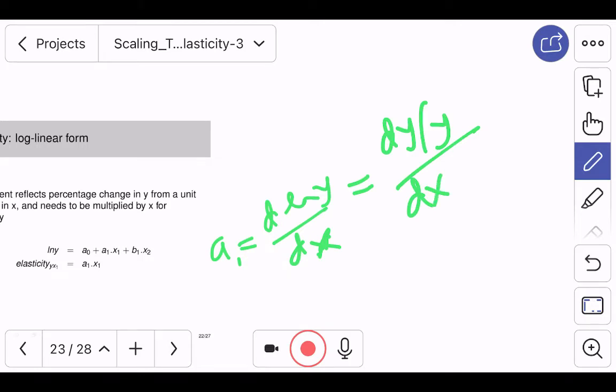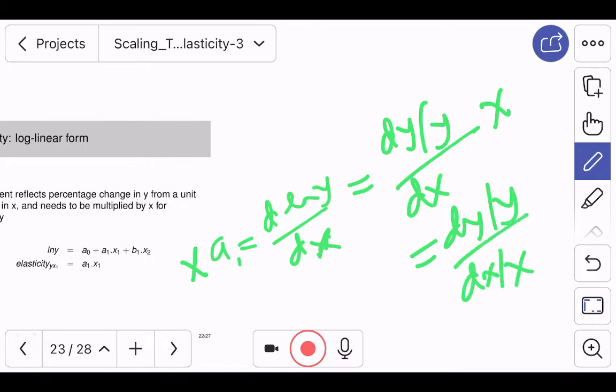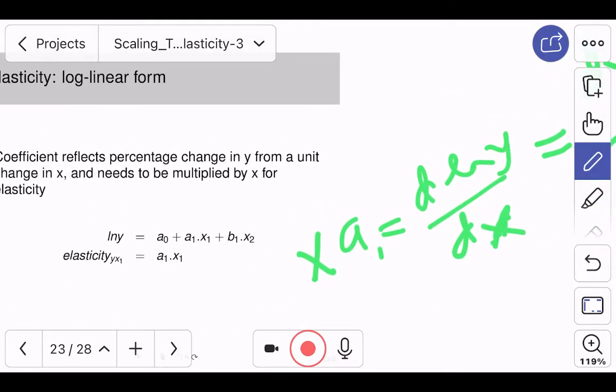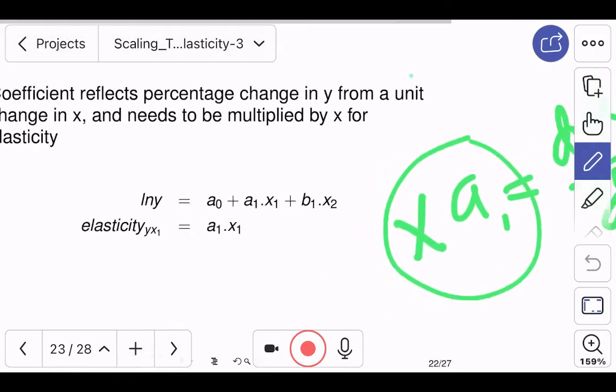So to turn this into a proportionate change, I can divide this by x, but then to keep the balance, I have to multiply this by x. So if I do that, I get elasticity on this, and that elasticity has to be equal to that one.